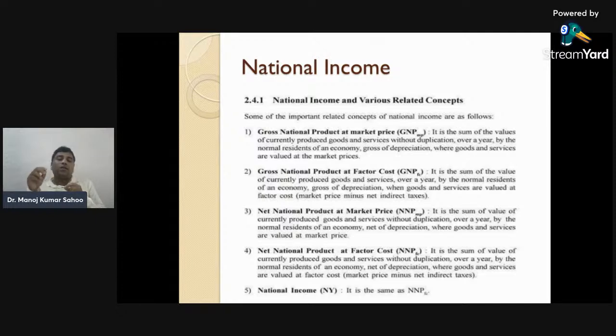Suppose a laborer works in a company and gets some wages. After the free hour, he also works near his village and gets some income. Overnight, he works somewhere else and gets some income. So the income of a person from different sources becomes the personal income.